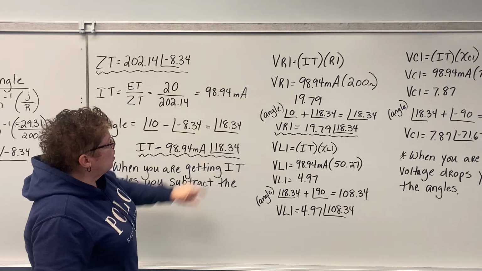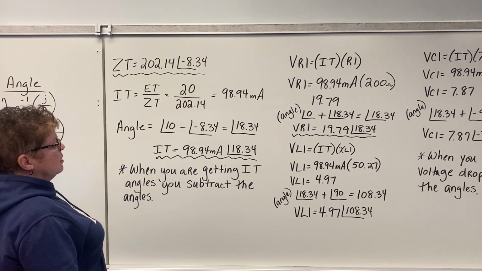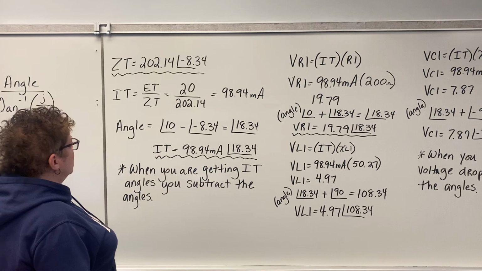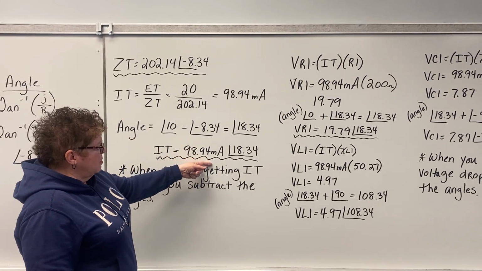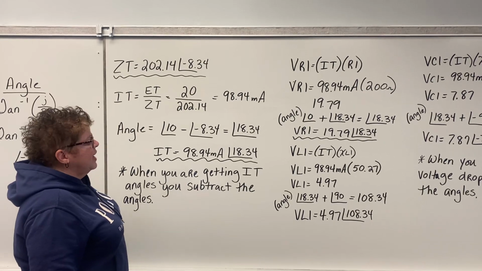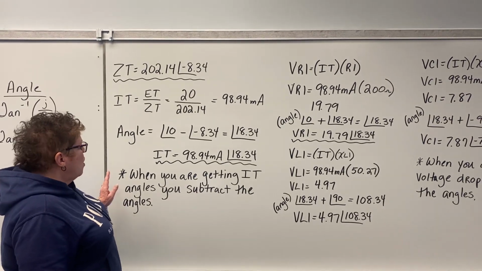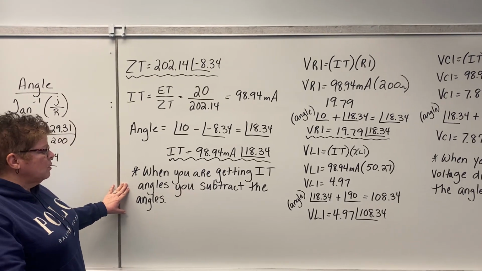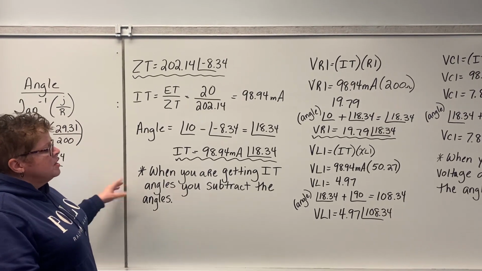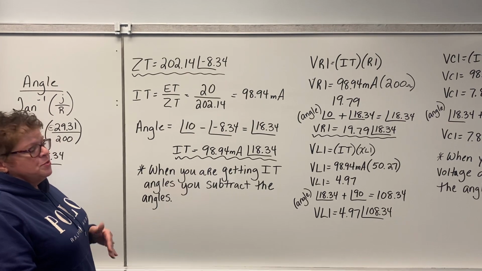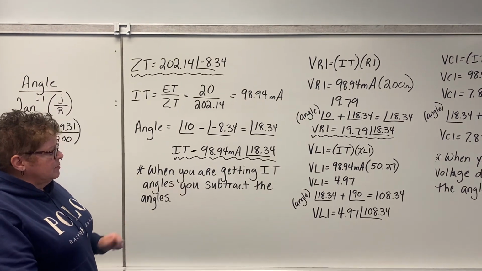So we have a total current angle of 18.34. So I total is 98.94 milliamps at an angle of 18.34. When you are getting the I total angles, you subtract the angles. When we get the voltage drops, you're adding the angles.